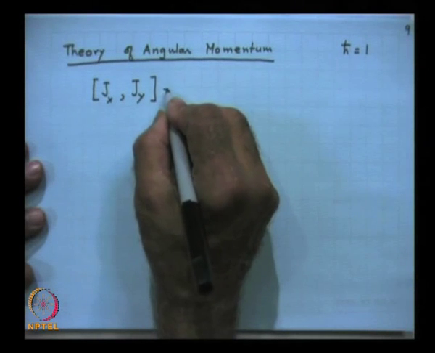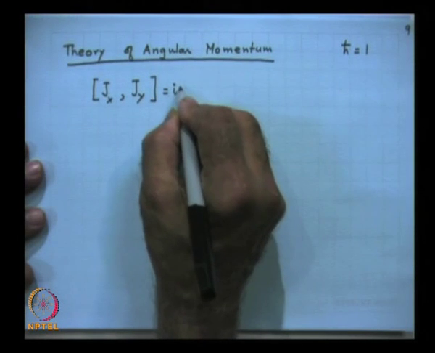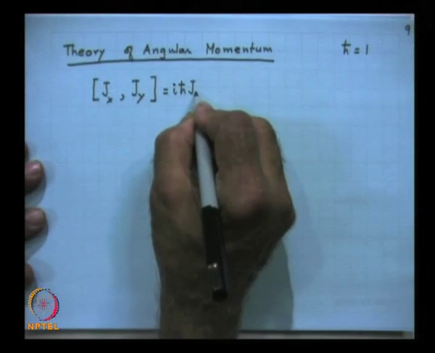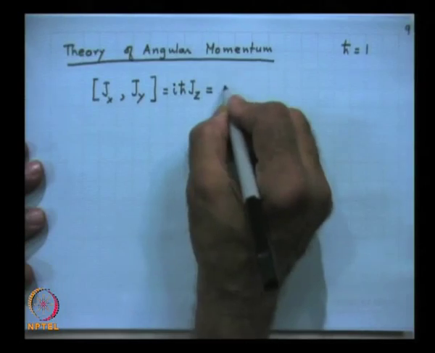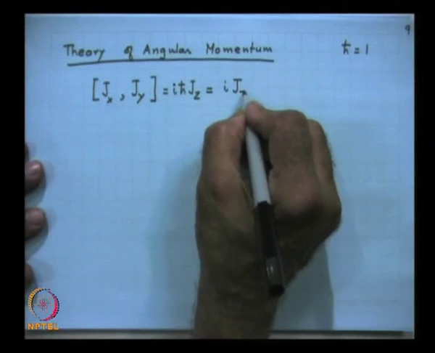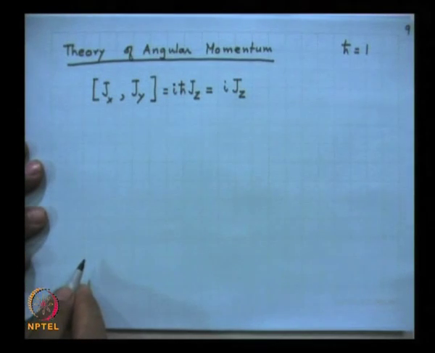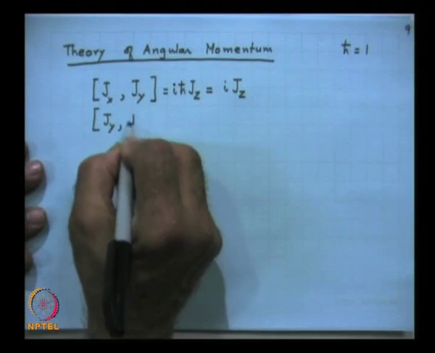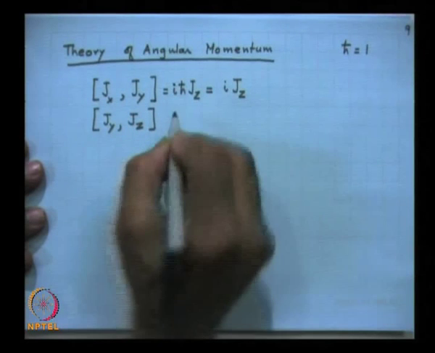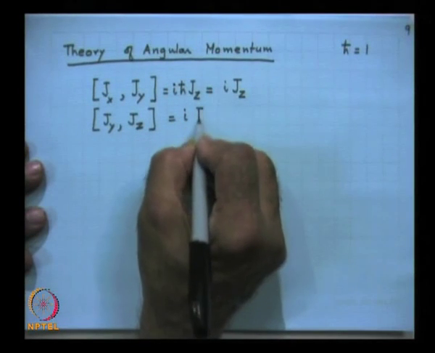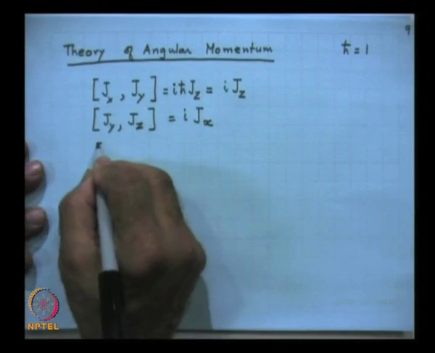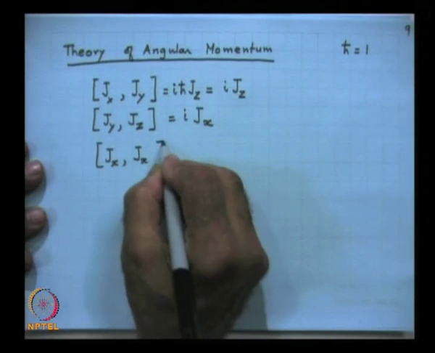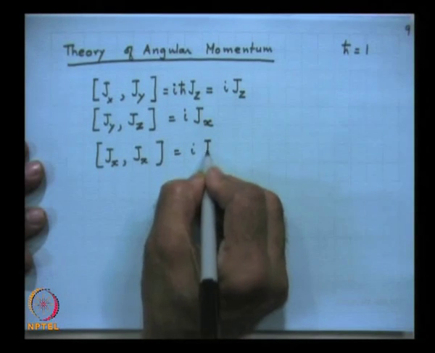So, we say J x comma J y is equal to I h cross J z, but we assume h cross equal to 1. So, I J z. Similarly, J y comma J z is equal to I J x, and J z, J x is equal to I J y.